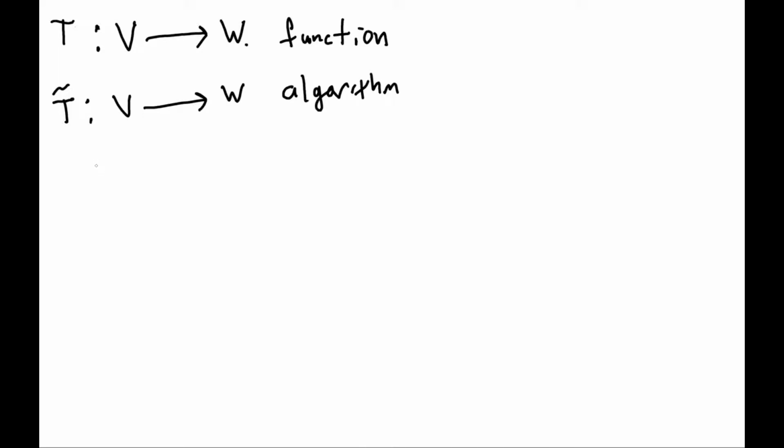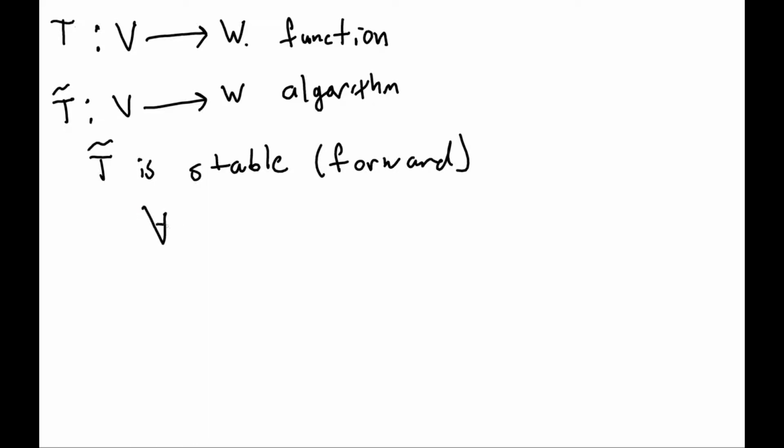So there are two notions that we want to keep track of. The first is stability. So we say T tilde is stable, and this is sometimes called forward stable, in the following situation.